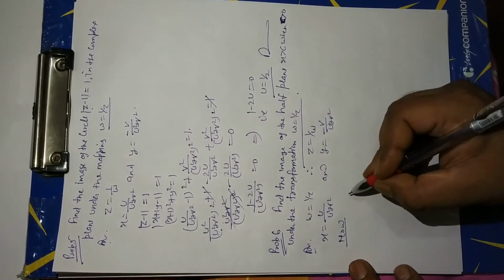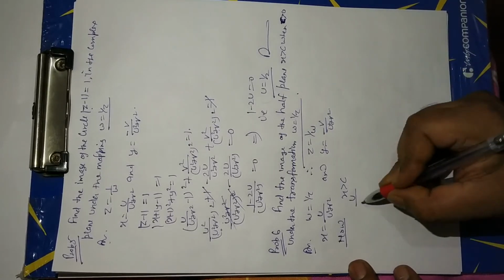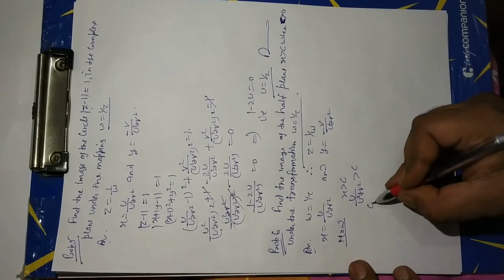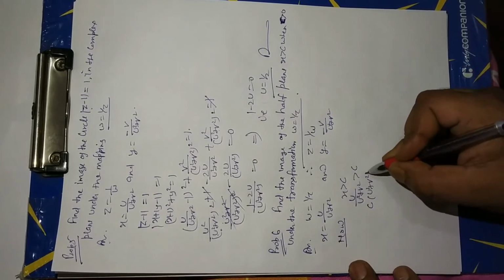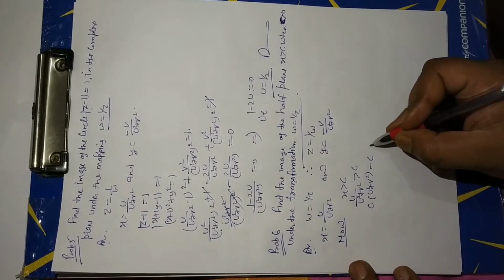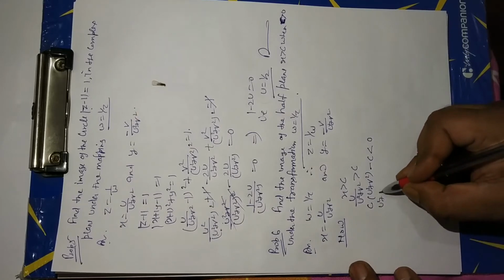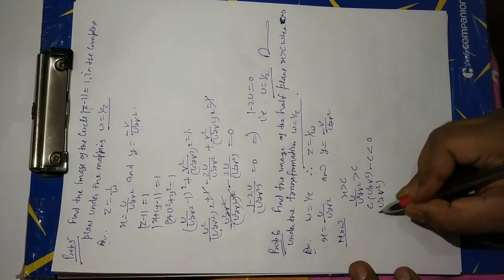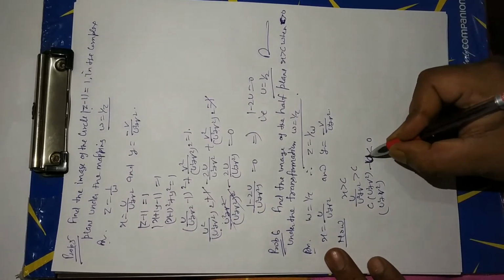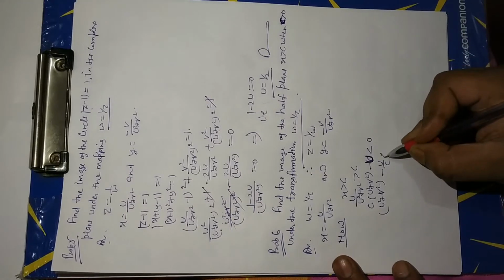Now x > c. Putting the value of x, u/(u² + v²) > c. Now c(u² + v²) − u < 0. Therefore u² + v² − u/c < 0.